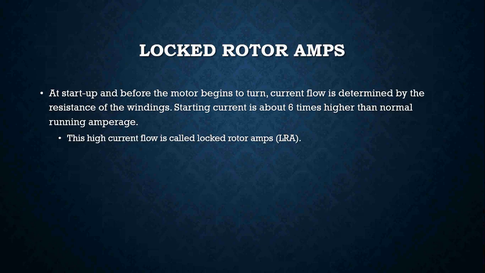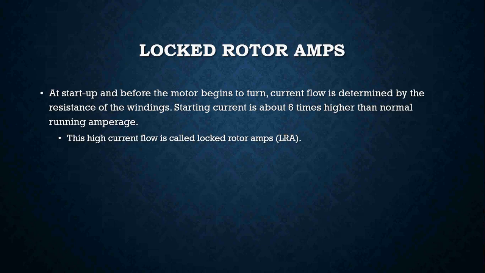Because remember, we're taking an object that is at rest and not moving, and now applying electrical energy to get that motor to spin. So when it does this, we are going to have a large amount of amperage at first once that motor starts.